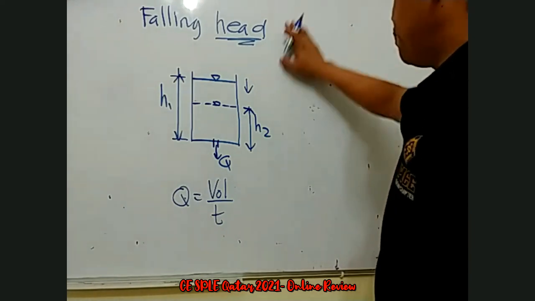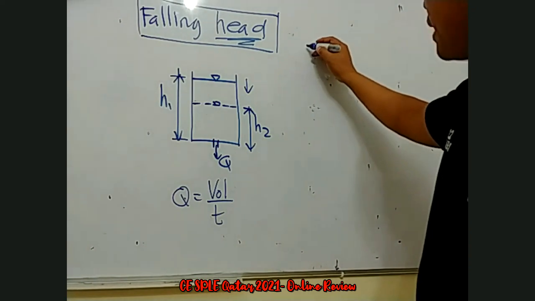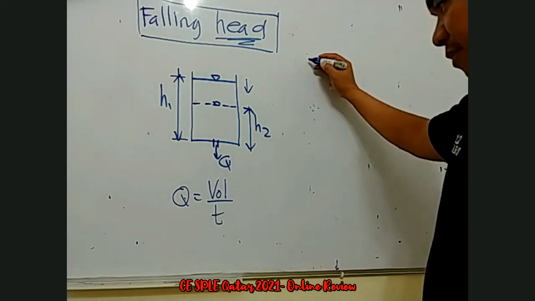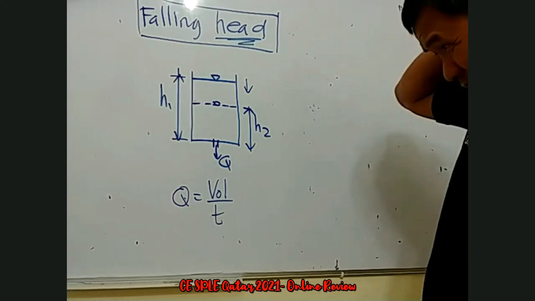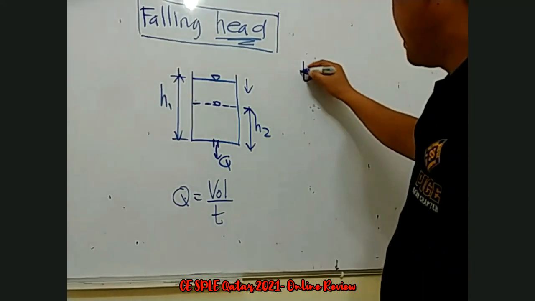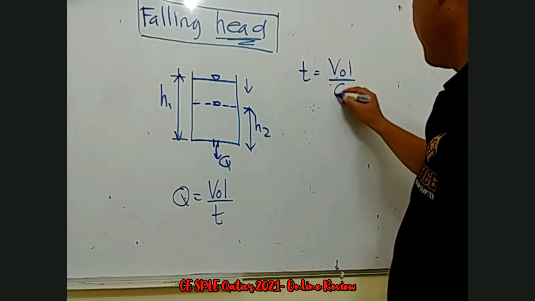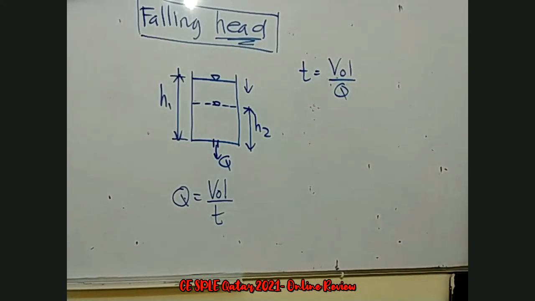So ngayon, pag ganito na, falling head, normally, ang source natin is yung time, no? Kailan siya ma-discharge lahat. So, we are solving actually yung time. Tawag na to, time ang solve natin, there should be volume over Q. Di ba?